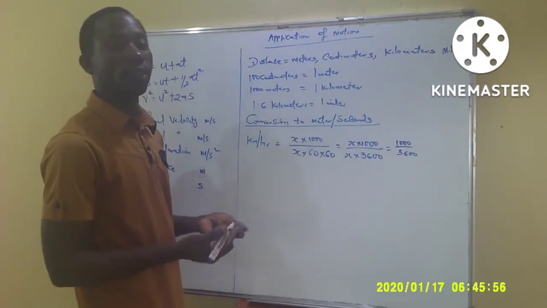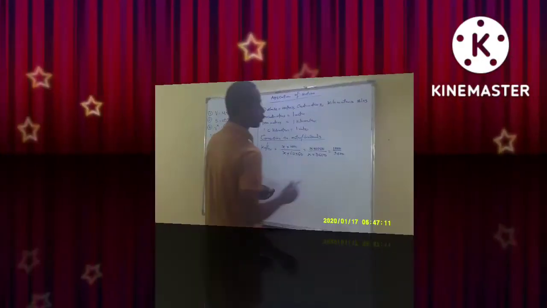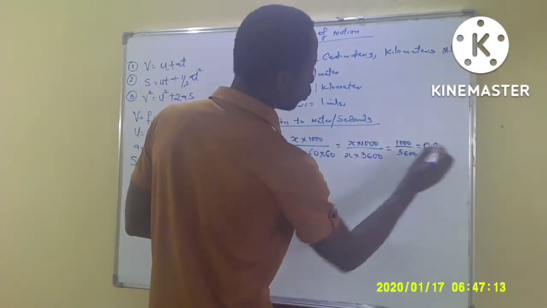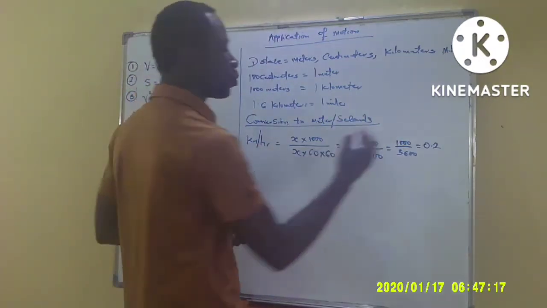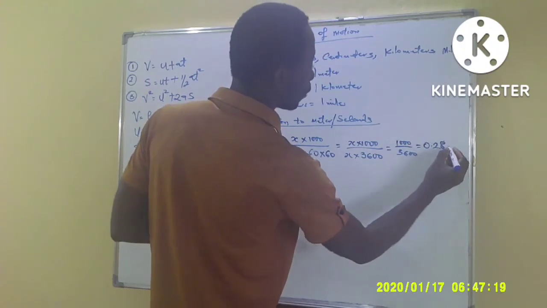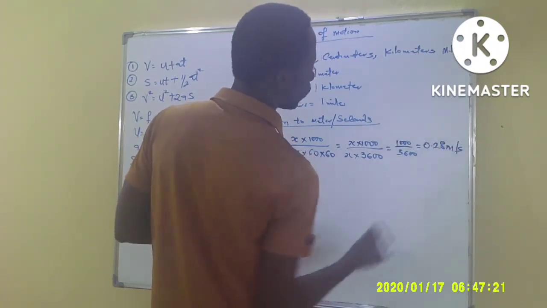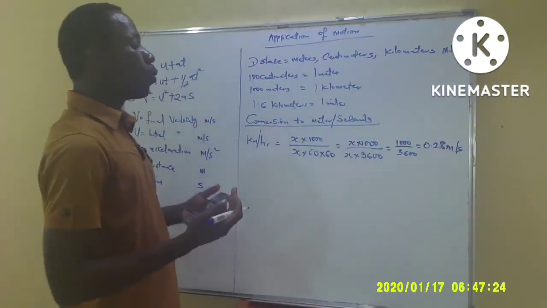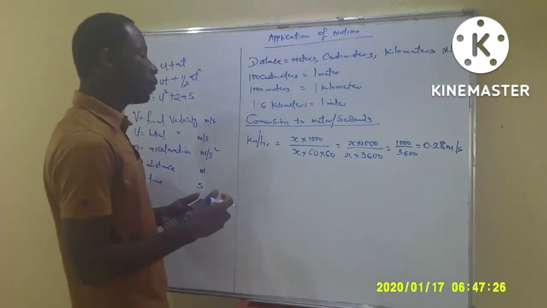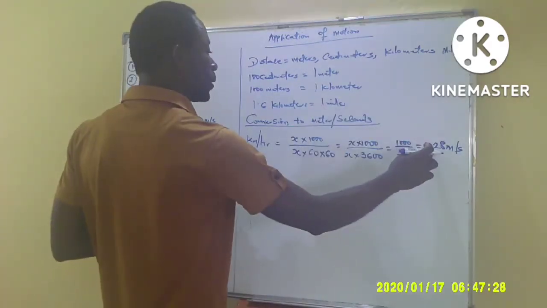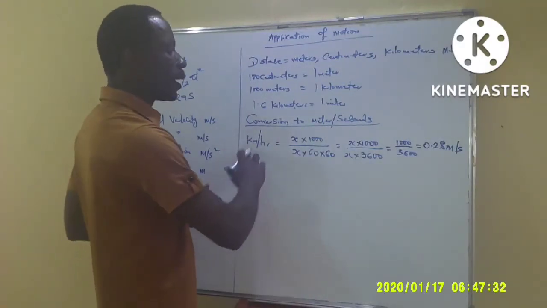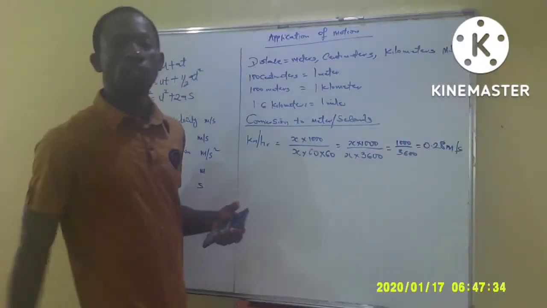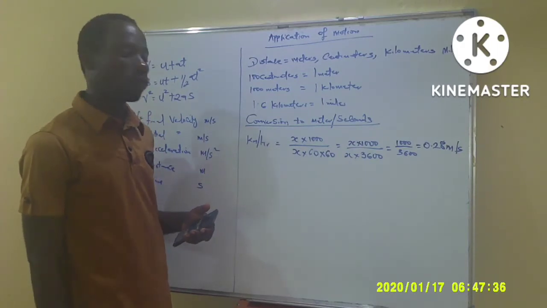At the end of the day, what do you get? 0.277, or let's approximate to 0.28. So the answer is in meter per second. What I am trying to say in essence is that when you multiply 0.28 times your value in kilometer per hour, the answer becomes meter per second.